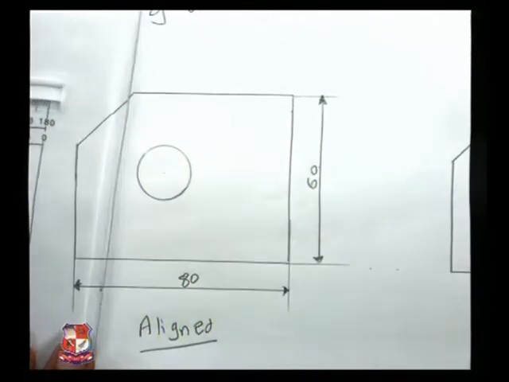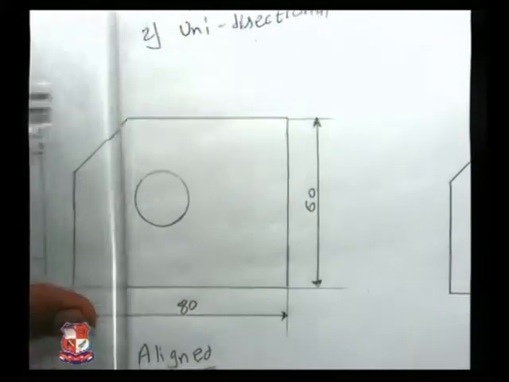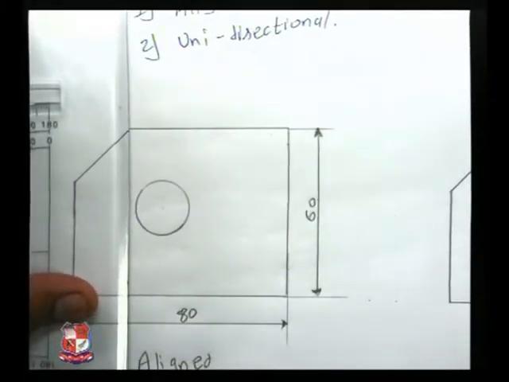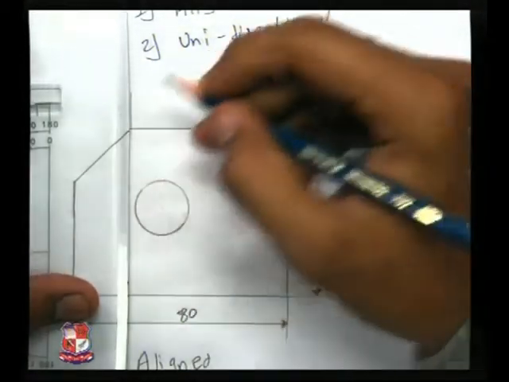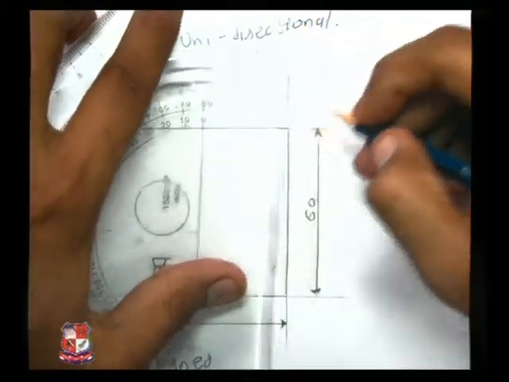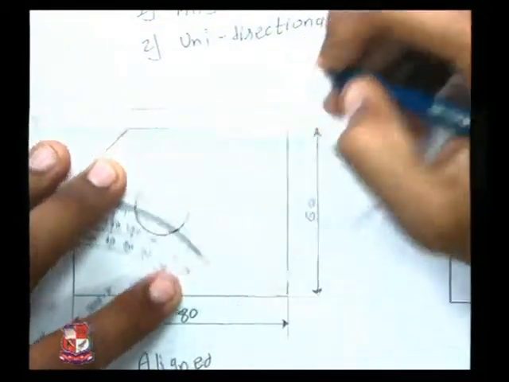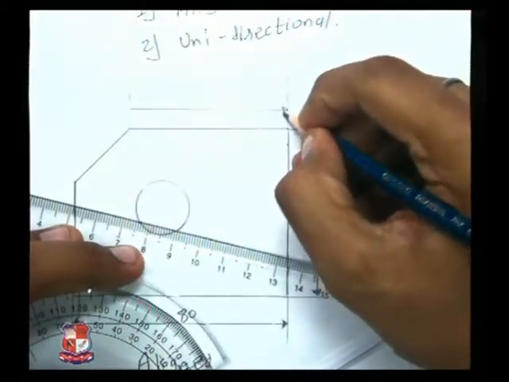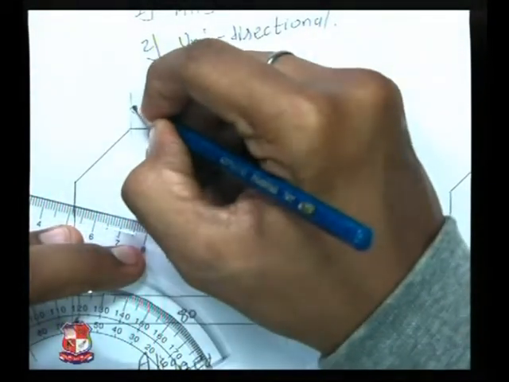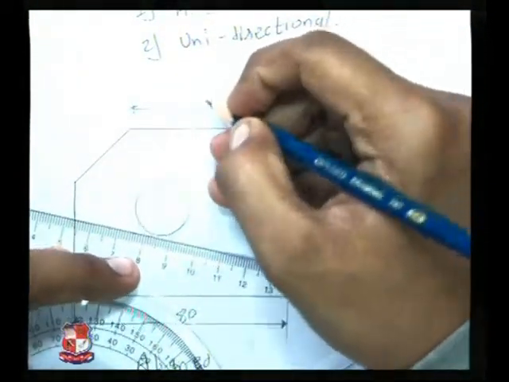The dimension is to be given like this. Again another horizontal dimension, two extension lines, dimension in the middle and above the dimension line.